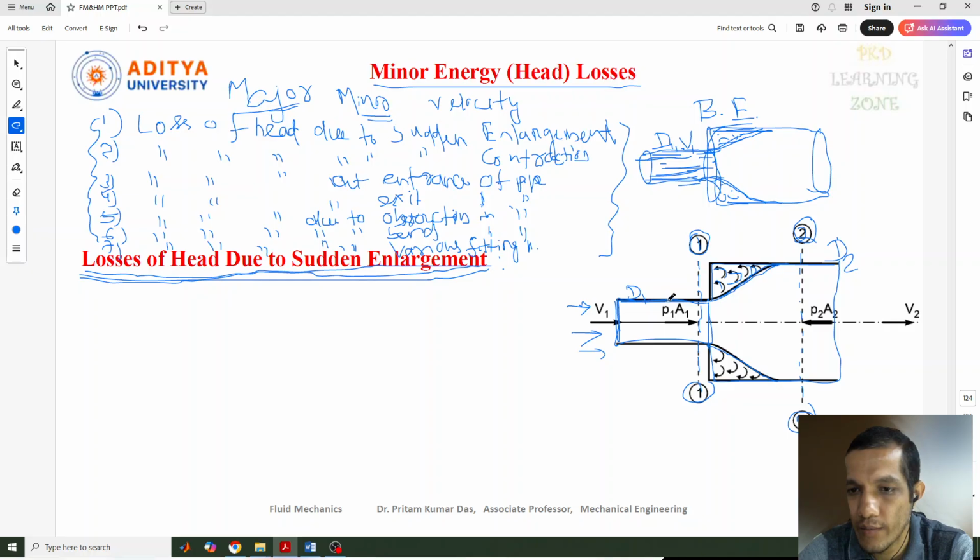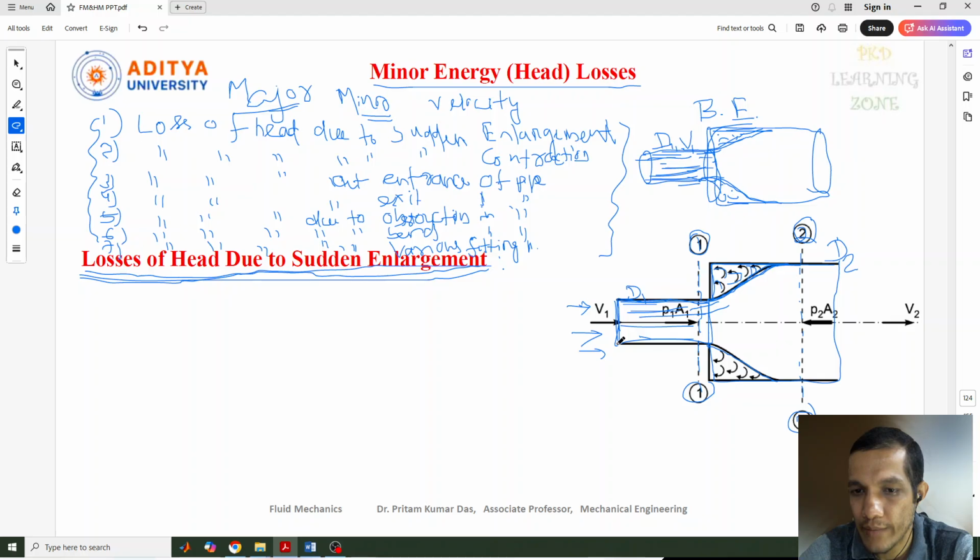See, this is the path of the fluid. The fluid cannot go into this corner and then come back like this. It is not possible, correct? Because that is not the nature of the fluid. So the fluid will choose its own path, and like this it will move.